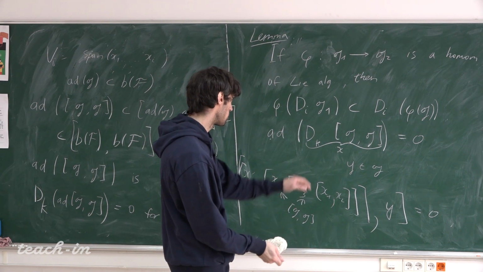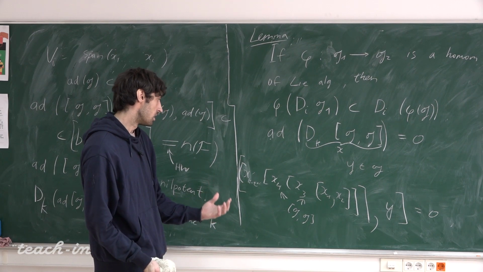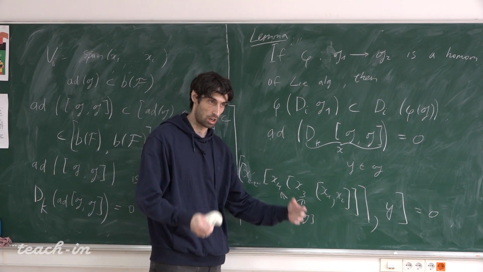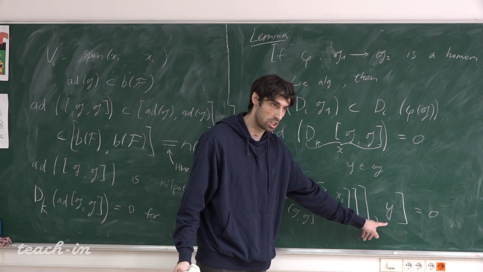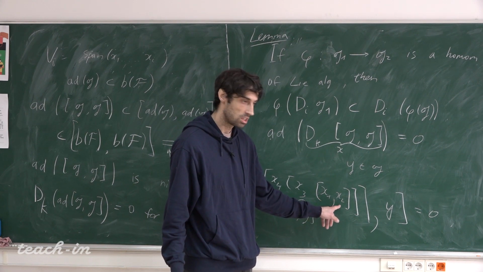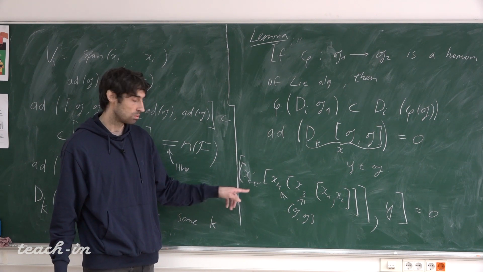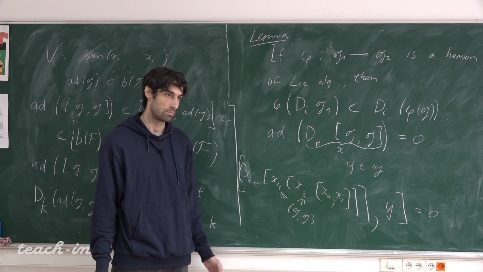So the statement, what I said here, is the same as saying, okay, let's take a bracket of this kind, like a huge bracket, where y is anything from G, x1 and x2 are anything from G, and x3, x4, everything up to xk minus 2, anything from G comma G. Then it's 0.